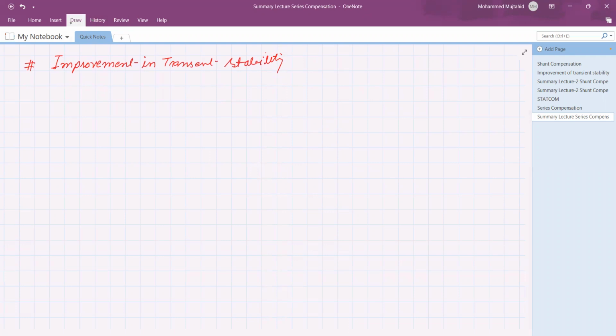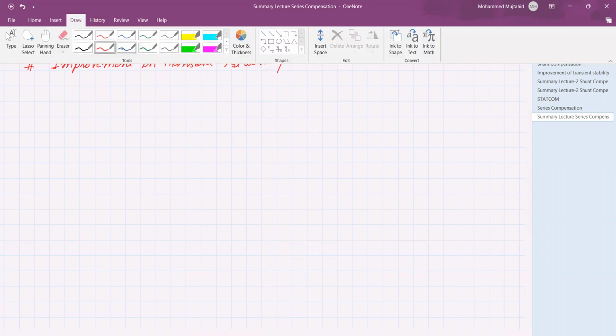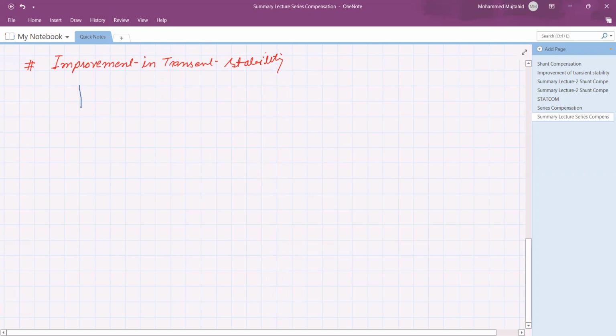So first we will draw the curve without compensation, and next we will draw it with compensation. Say this is the P-delta curve without compensation. This is pi by 2, and this is pi.